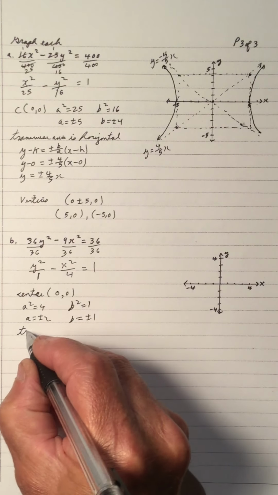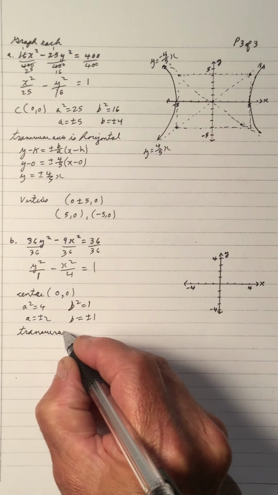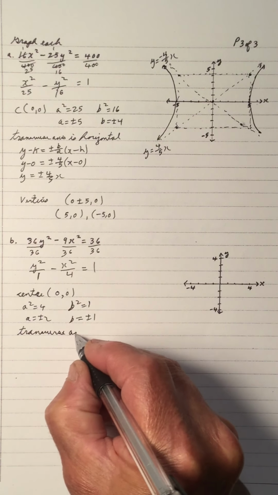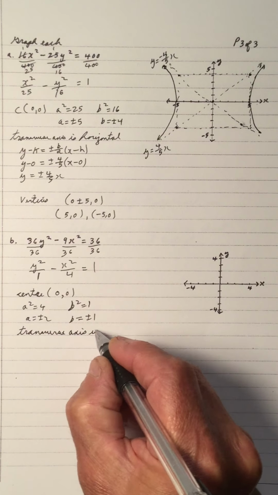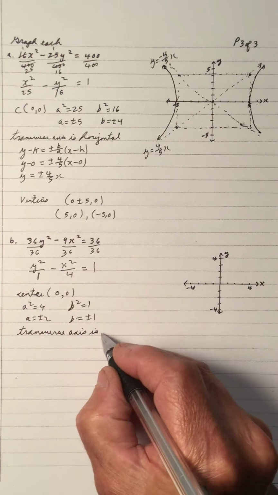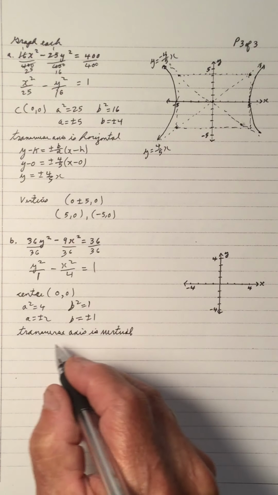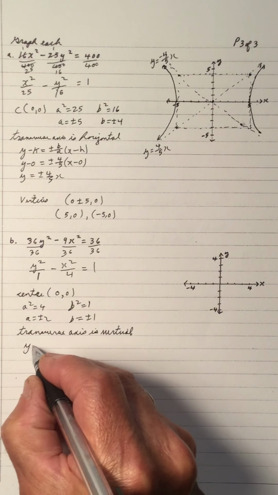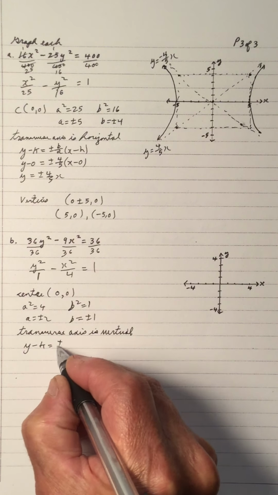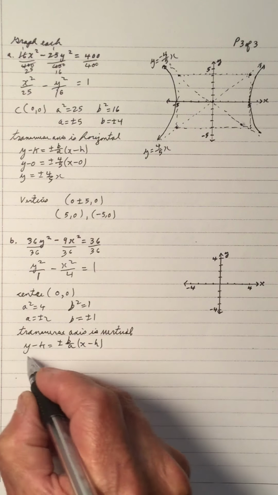And the transverse axis is, notice that the y squared is positive and the x squared is negative, so the transverse axis is vertical. And the asymptote is y minus k equals plus or minus b over a times x minus h.